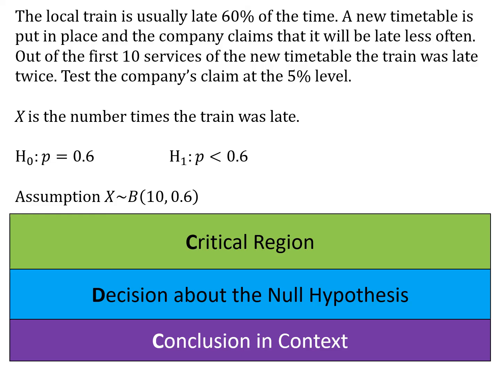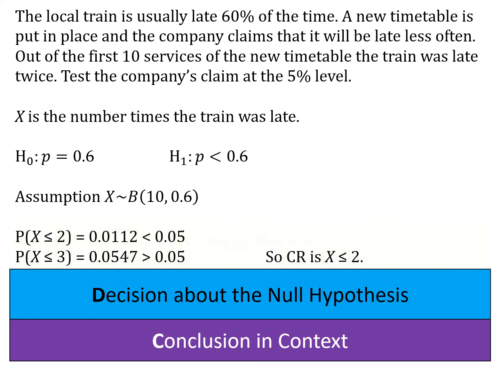And if you pause the video and pop that distribution into the calculator, as shown before, you should find that it gives you the probability x is less than or equal to 3 is 0.0547, really close to 0.05, but still a little bit bigger. So we have to check the one beneath. Probability that x is less than or equal to 2, you should have found, was 0.0112. Therefore, our critical region for this situation is that x is less than or equal to 2.